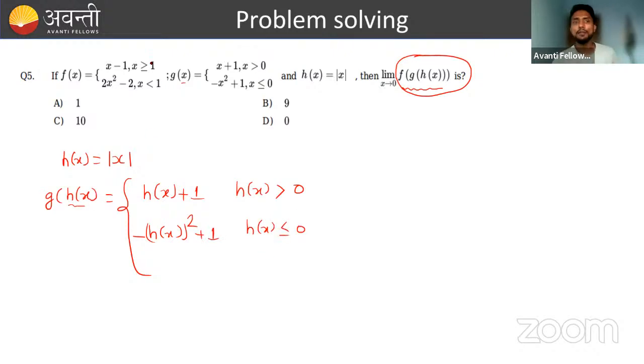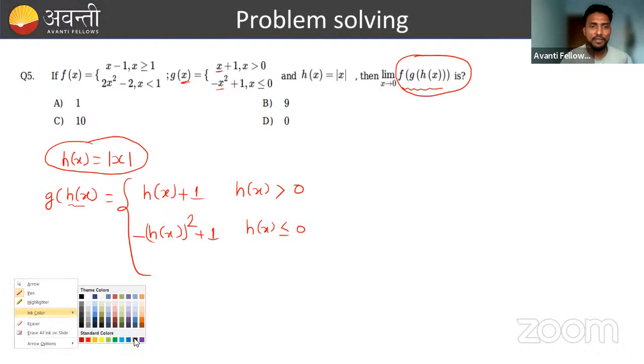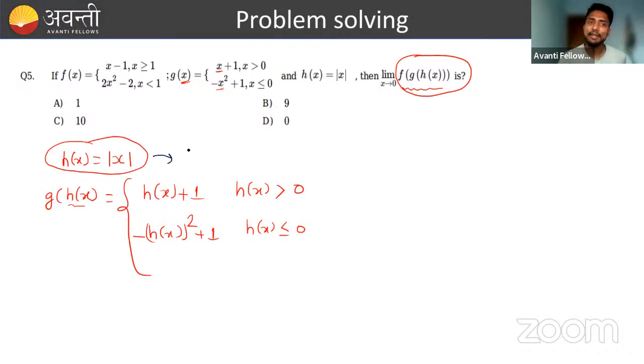Right? What I have done is simply replaced all three x with h of x. But we know that h of x is mod x. And if h of x is mod x, then we can blindly say that h of x is always greater than or equal to 0, right?